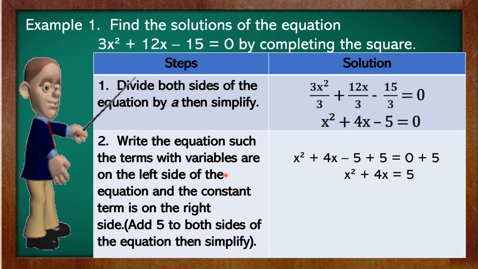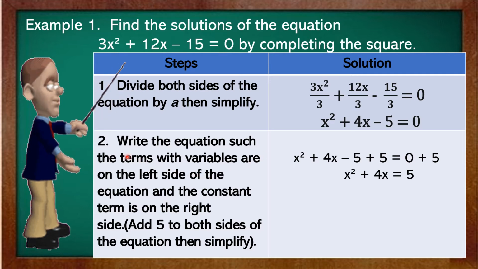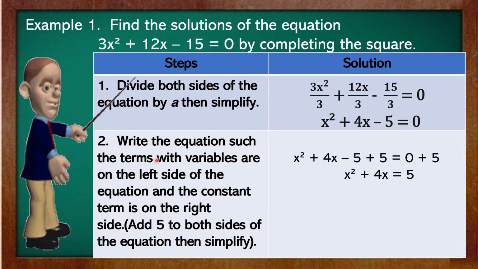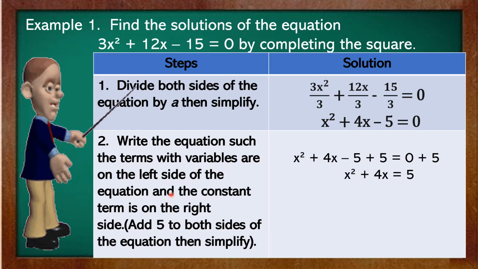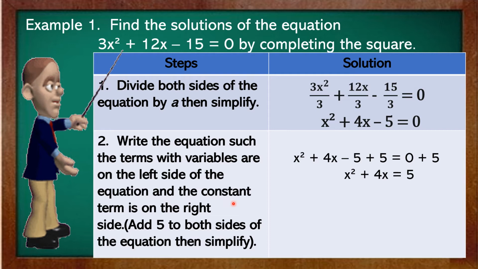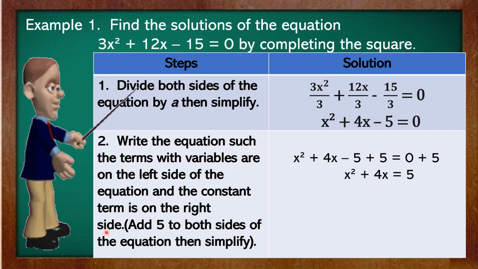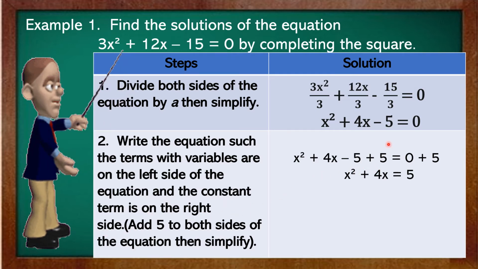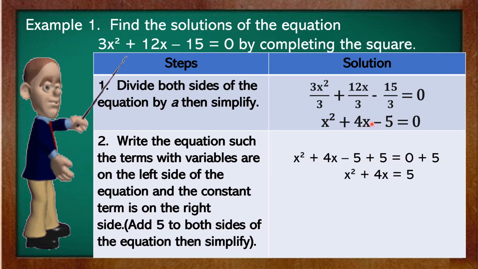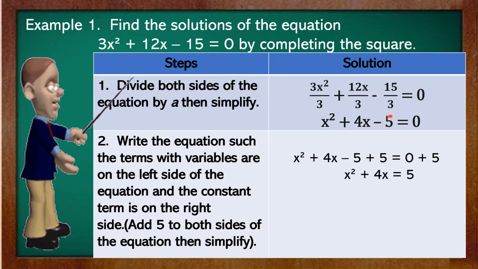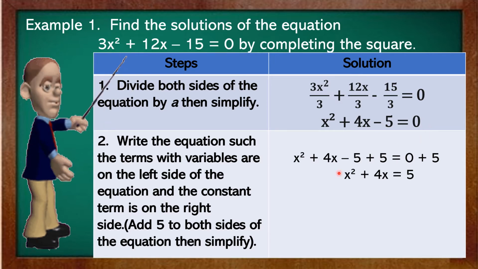So in our second step, write the equation such that terms with variables are on the left side of the equation and the constant term is on the right side. So our constant term is 5. We will transpose this into the right side.